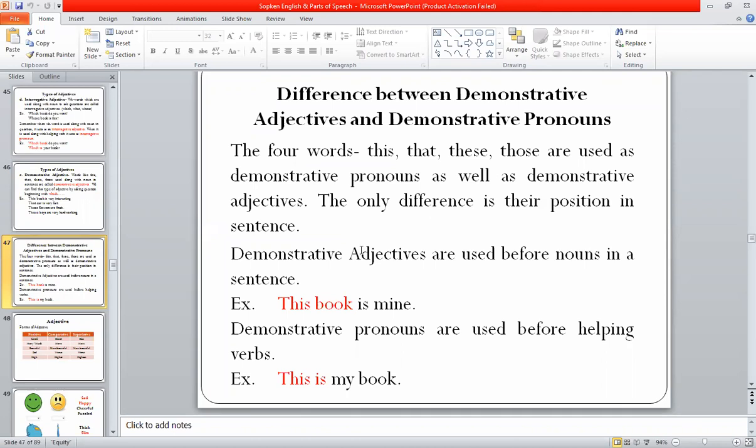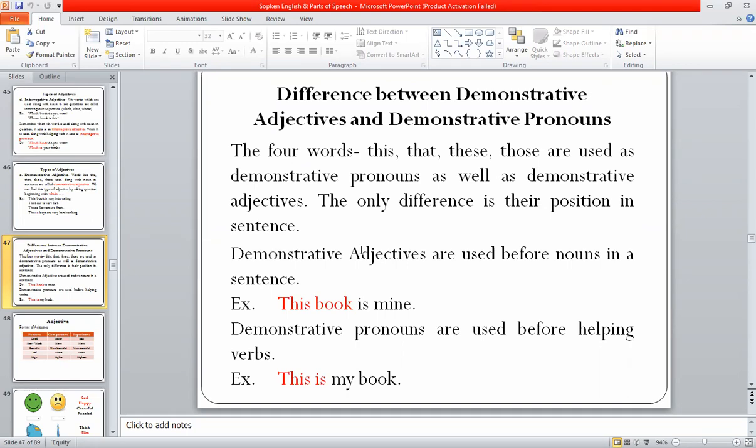Demonstrative adjectives are used before nouns in a sentence. If there is a demonstrative adjective, it comes before the noun in that sentence. Let's see an example: "This book is mine."